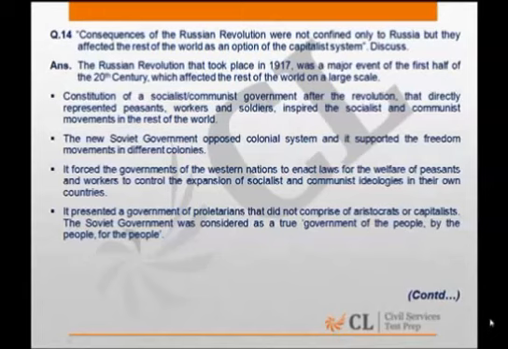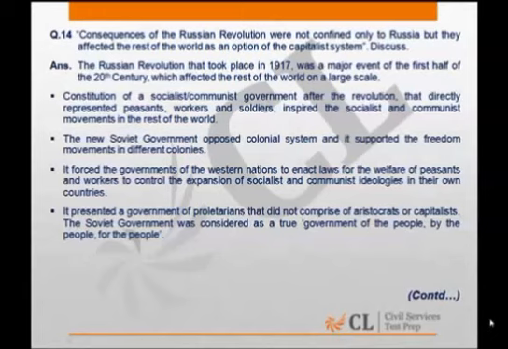So it can be said that the emergence of a new system of government after the Russian Revolution inspired the establishment of such socialist or communist economic and political systems in the rest of the world.